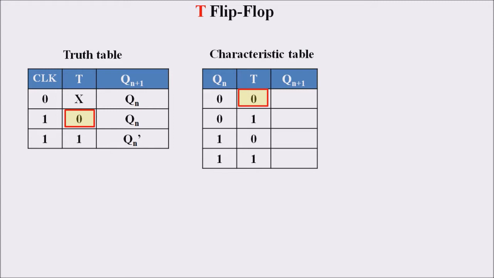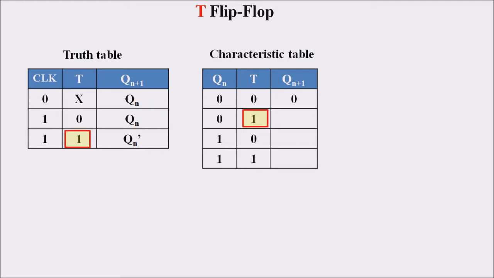So firstly, we are starting with the conditions 0 0, 0 1, 1 0 and 1 1. If the input values are Qn and T as 0, 0, that is let us check the truth table with the T value 0. The truth table with the T value 0 results in an output of Qn, that is here in the characteristic table the Qn value is 0. Thus we can say that the output Qn plus 1 in the characteristic table will be 0 itself.